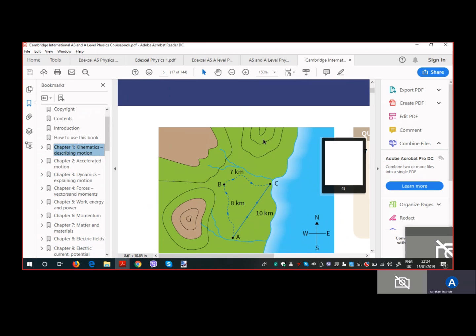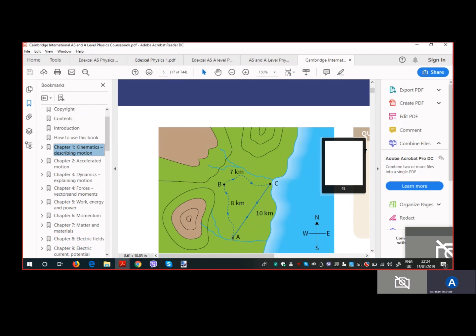Yeah. So the displacement is the shortest distance between the starting point and the ending point. Or we can also say it is the length of the straight line joining the starting point and the ending point. Now, displacement is a vector quantity. So in addition to stating its magnitude of 10 kilometers, you have to tell the direction.